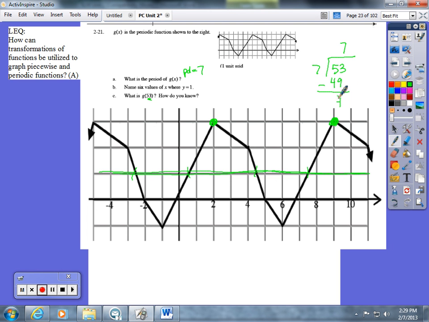That means it's equivalent to 4 on your original graph. So if I go over to 4 and I go up, I will see my y value is 2. So g(53) is equal to 2, which is also equal to g(4). You divide by the period, and whatever the remainder is tells you where to look on that original section of graph. This whole class is about periodic functions, so we will continue to see this over and over again.